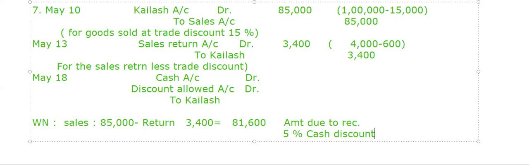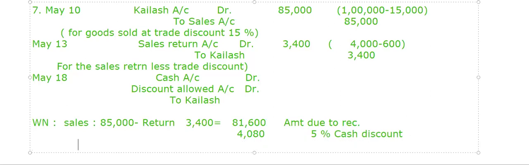5% of 81,600 will be 4,080 rupees. It will be 4,080 rupees that is to be allowed as a cash discount. Now the cash discount is to be deducted over here.